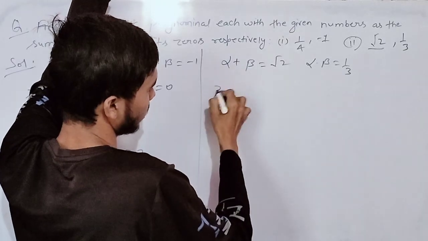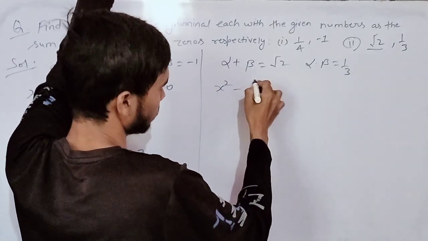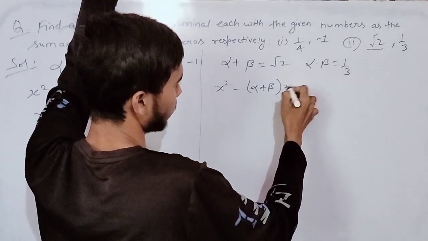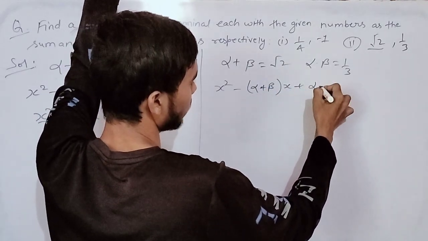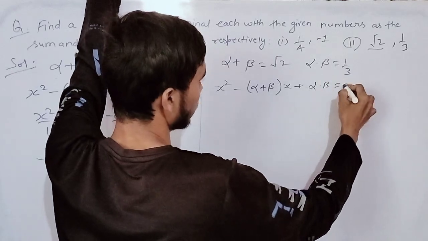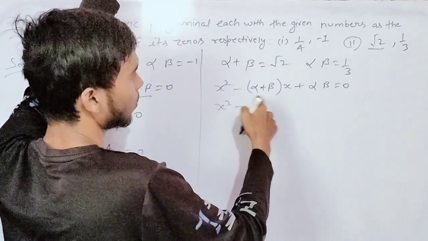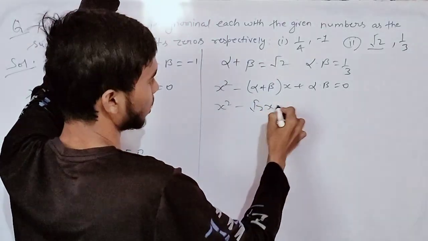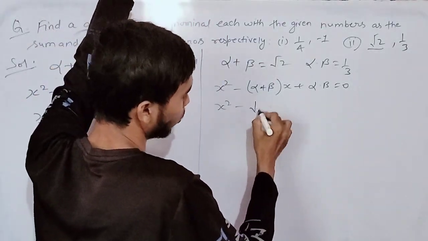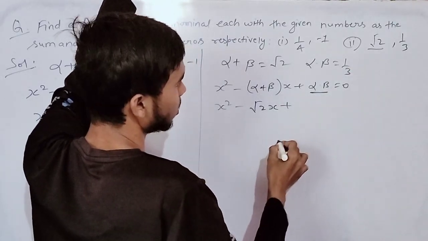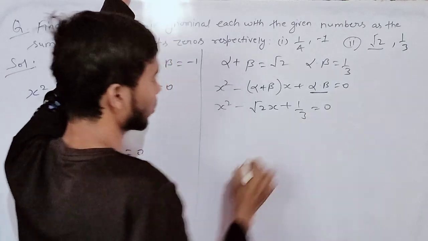Now x square, alpha plus beta into x plus alpha into beta is equal to 0. Now the value of this is root 2x, plus the value of this, how much? 1 upon 3, is equal to 0.